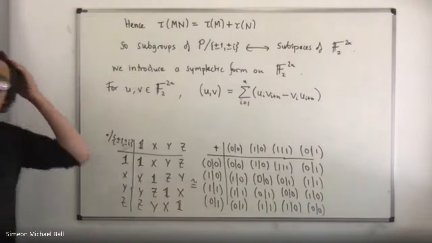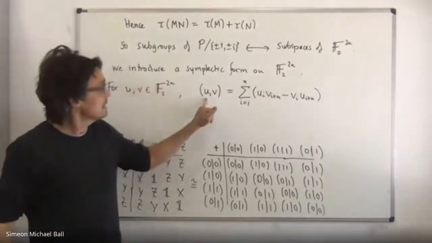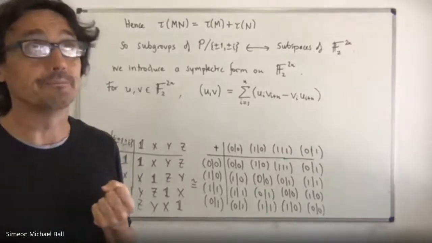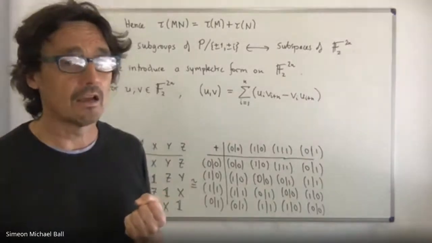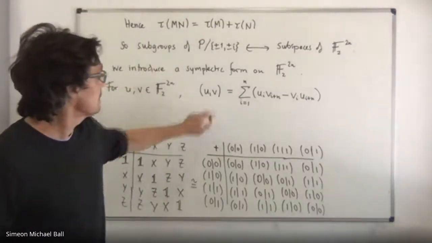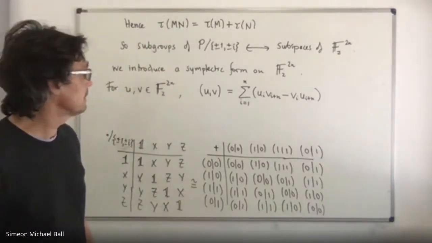We're going to see that this is exactly what we need to find the abelian subgroups over here. So this bracket is just going to be a form.